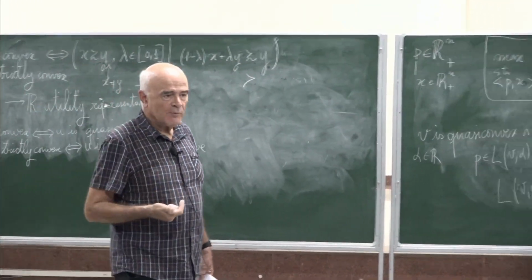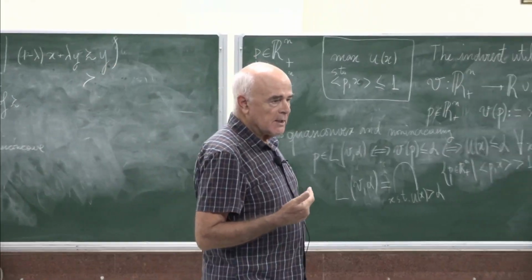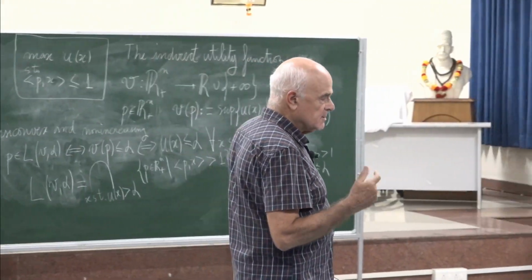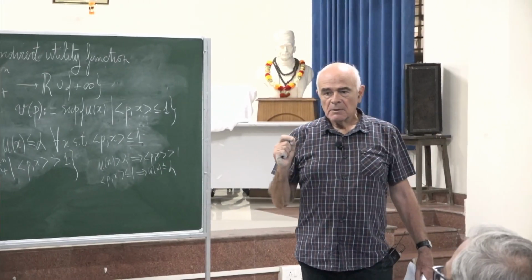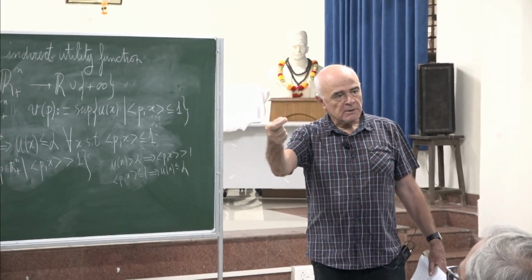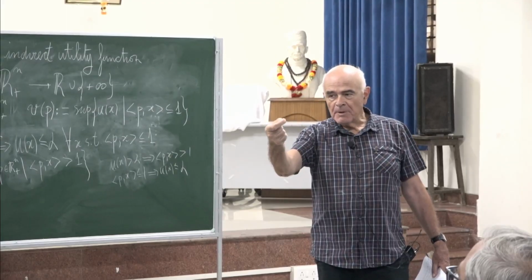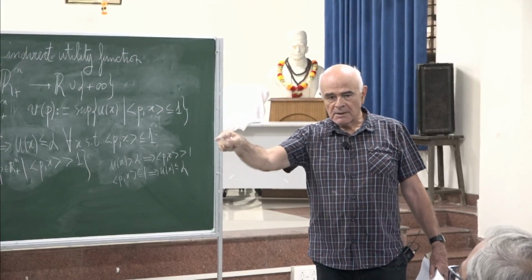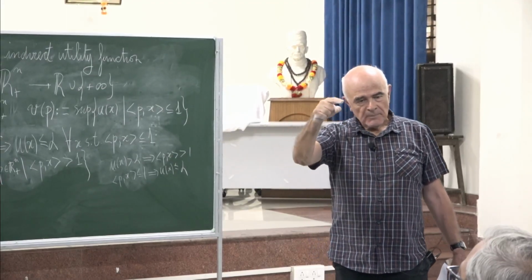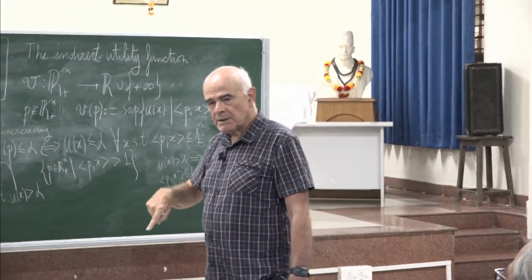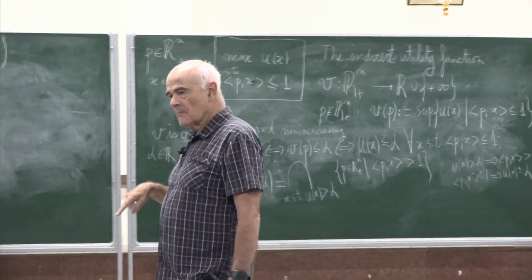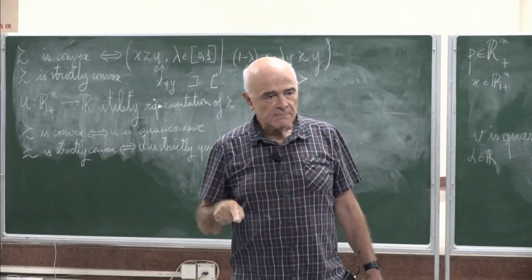There are several equivalent definitions. An evenly convex set is a convex set such that for every outside point, there is a hyperplane through that point that does not intersect the set.